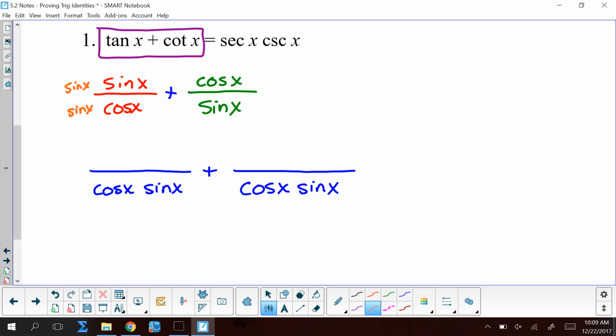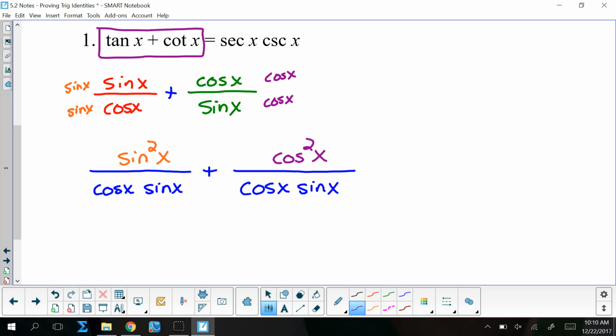So my top becomes sine squared of x. Right fraction. What do I have to multiply by? Cosine over cosine. So my top becomes cosine squared of x.